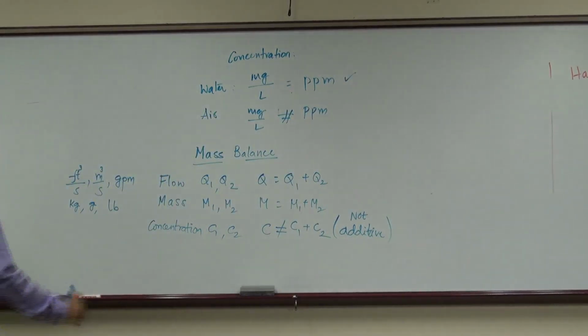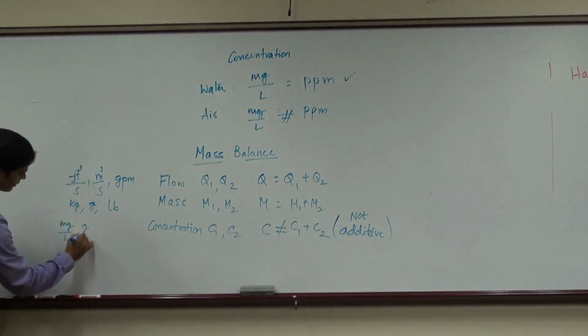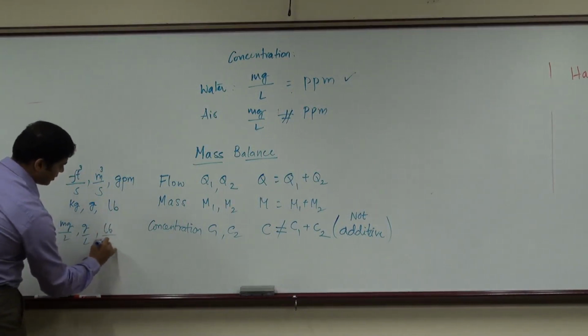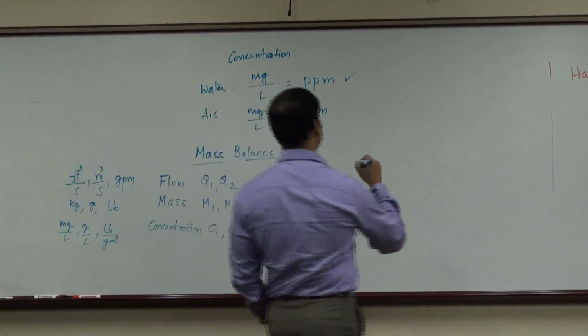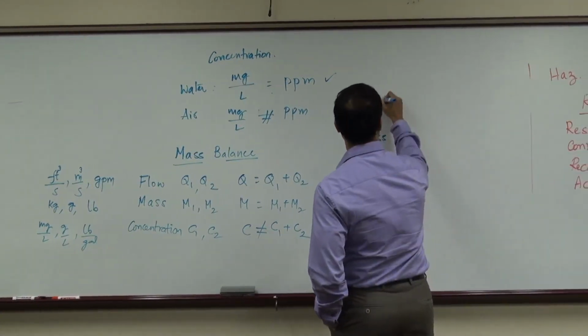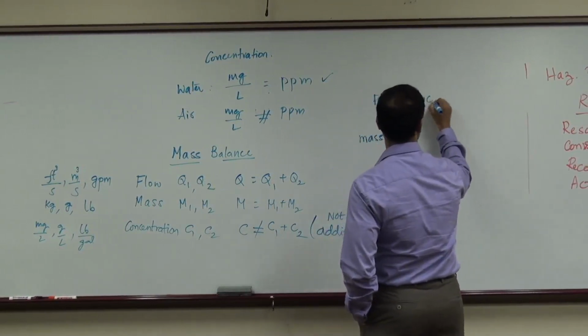All right. If you are calculating concentrations, how do we get them? Milligrams per liter we said, grams per liter, pounds per gallon. All right. So all of these. Now, if I want to get mass, I have flow and concentration.